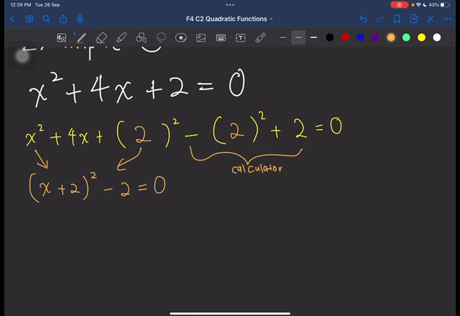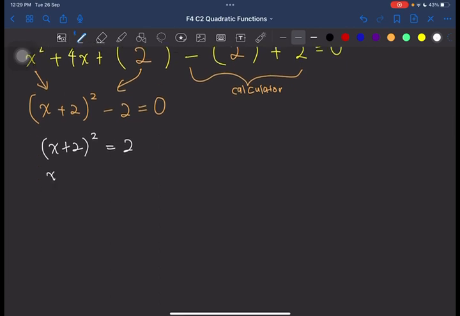So what you have to do is move the 2 to that side. So you will be having x plus 2 square equal to 2. Now remove the square. How to remove the square? When you want to remove the square from x plus 2, you must put a square root on the other side after the equal. But when you put the square root, make sure to put plus minus. It's very important.